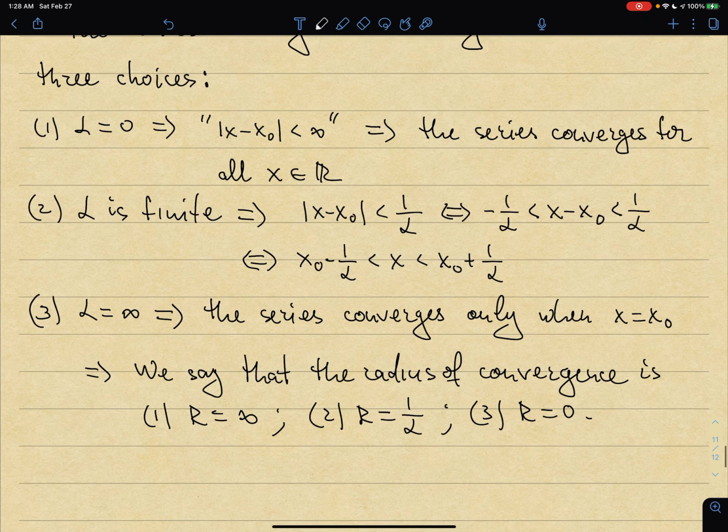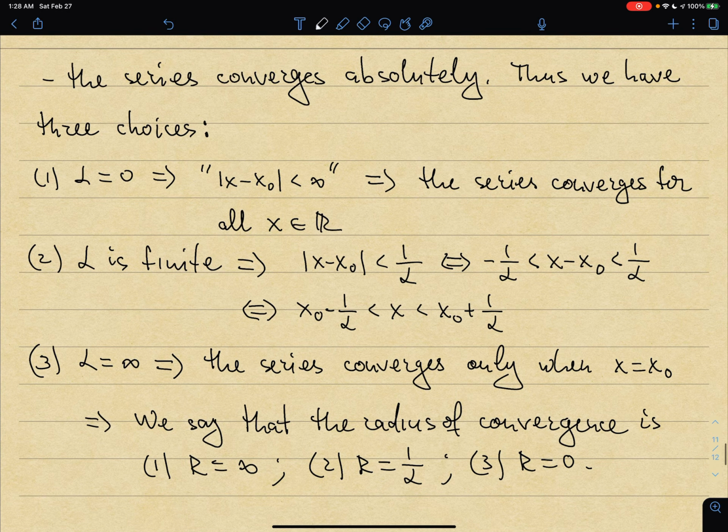So those are all your possibilities, right? You only have 3 possibilities. Either way, you always have a symmetric interval, but it can have infinite, finite, or 0 radius of convergence. All right, so that's what we know about the power series. The power series would always converge in a symmetric interval, but its radius does not have to be infinity.